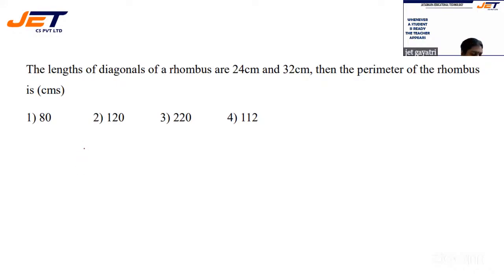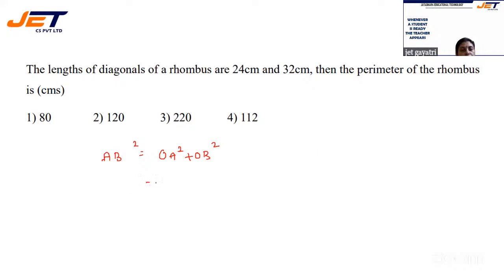Right. So see here. So we can say that AB square is equal to OA square plus OB square.